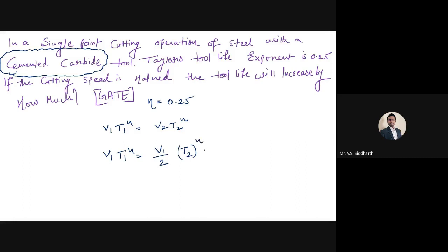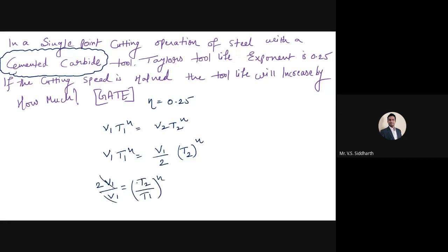So v1 upon 2 v1 equal to t2 by t1 whole to the power of n.